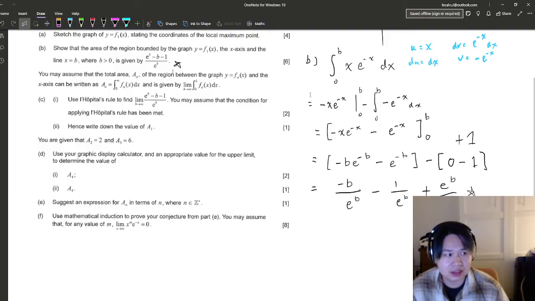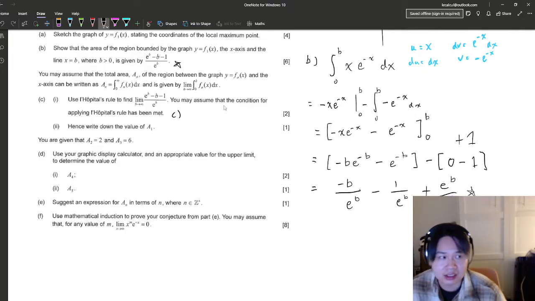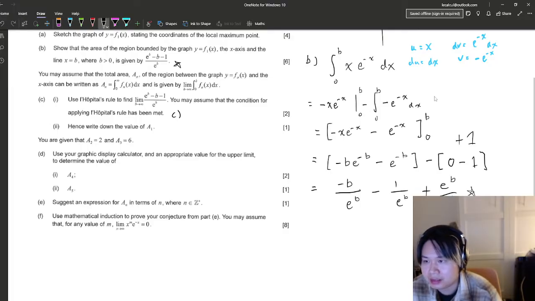So that's what we're going to do. Now use L'Hopital's rule to evaluate this limit. You can assume the condition has been met. So they're super nice here. L'Hopital's means we take the derivative of the numerator, divide it by the derivative of the denominator, and then evaluate the limit like that. And it should be the same.